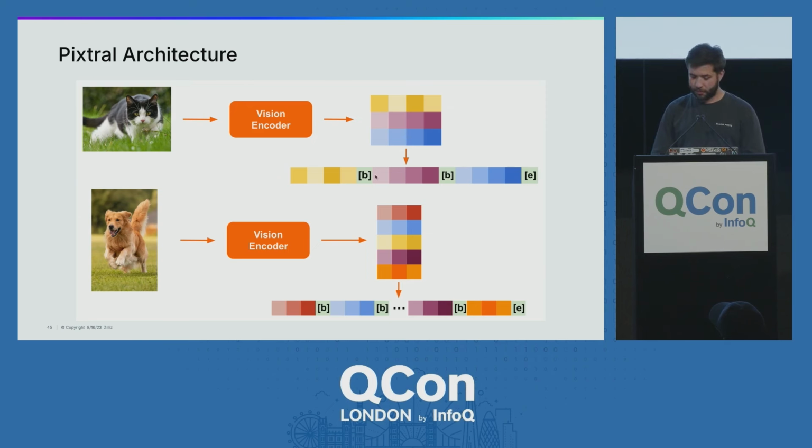You can actually see my mouse. You can insert those, which means image break. This one means that, okay, you reached the end of the first line of the image, and then you do that for the second line. And once you reach the end of the image, then you're going to have the special token, which is image end. And this is then how you can support images with different aspect ratios.